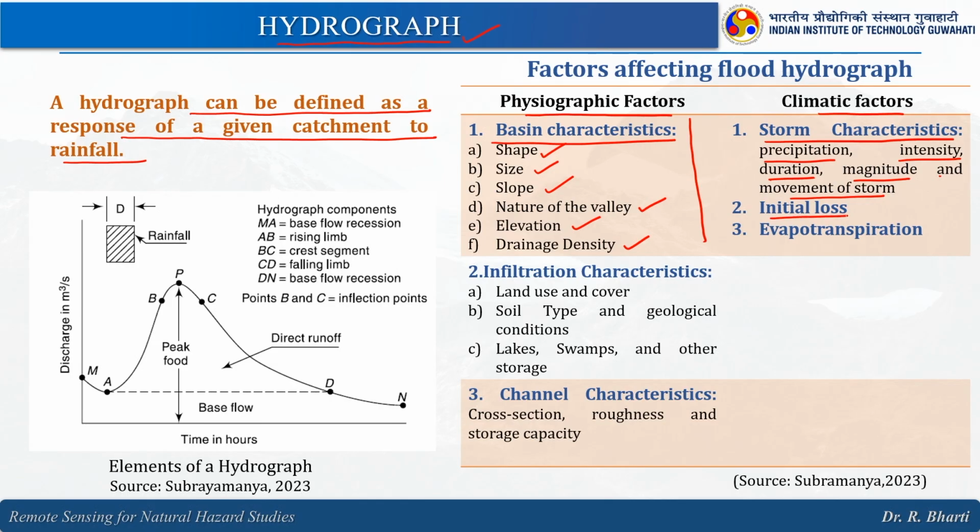Then we have initial loss and evapotranspiration. Then we can talk about the infiltration characteristic, the land use, land cover, and how it plays a role. Then soil type and geological conditions, lakes, swamps and other storage in that particular catchment.